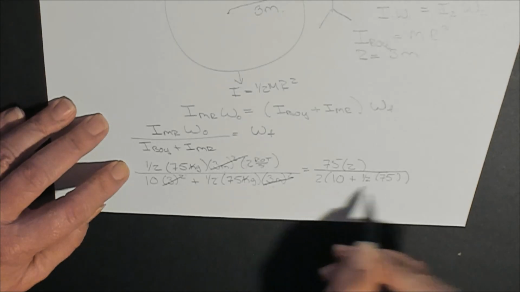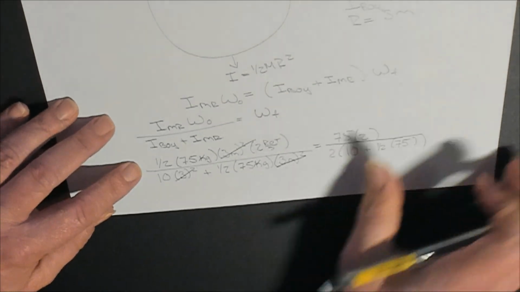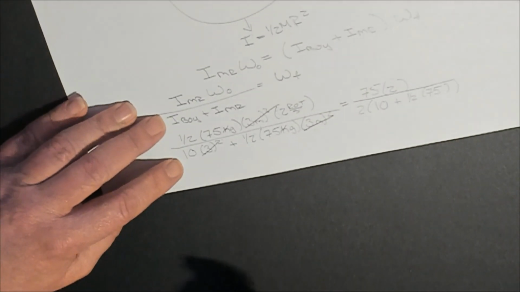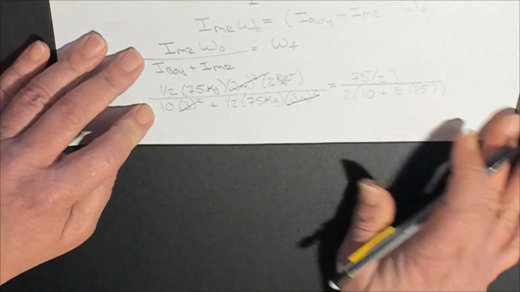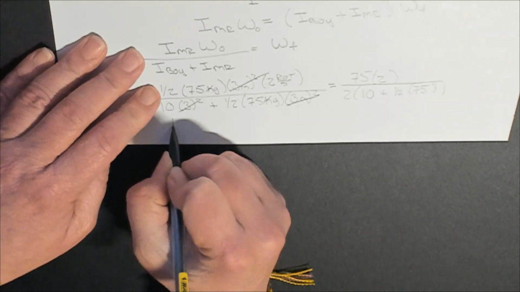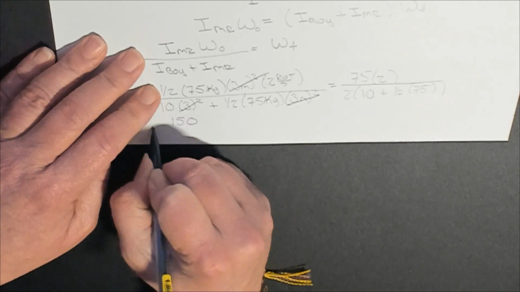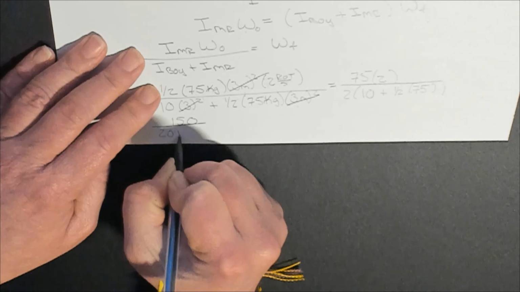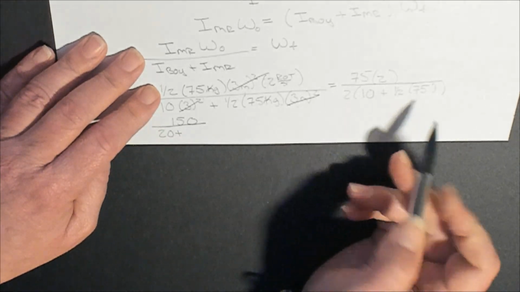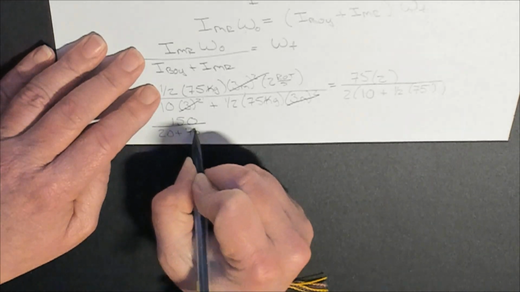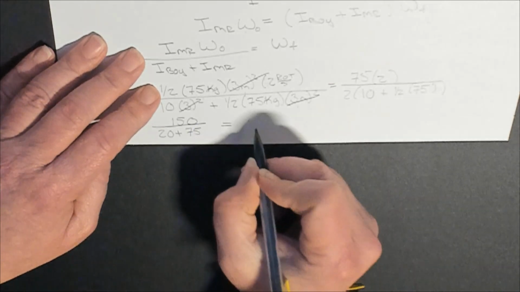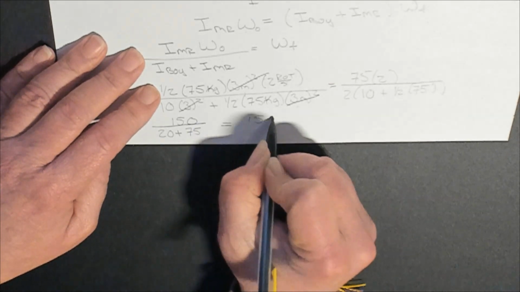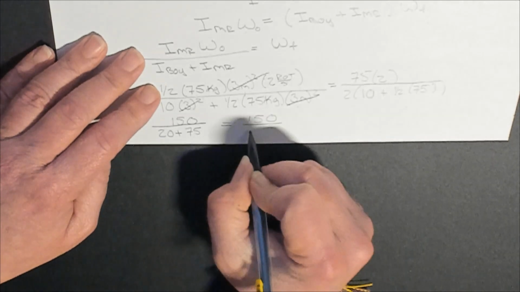Oh, I can go ahead and distribute that and simplify this more. I'm a really big fan of doing that so I don't have to put a bunch of stuff in my calculator. So let's see, I have 150 divided by 20 plus, when I distribute that, that just becomes 75. So in the end, I have 150 divided by 95.